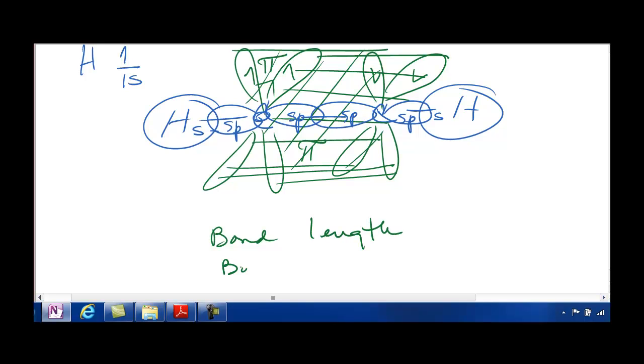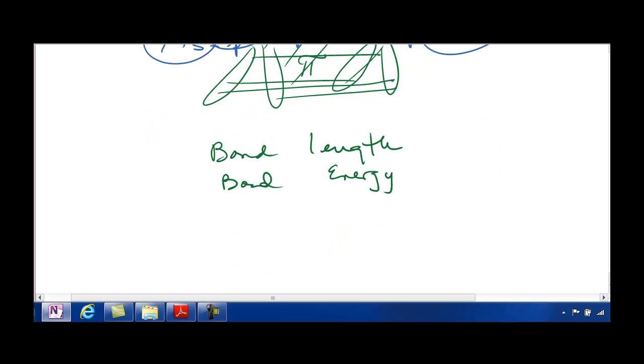Bond length and bond energy. In certain compounds you have, like in C2H6 versus C2H4 versus C2H2.